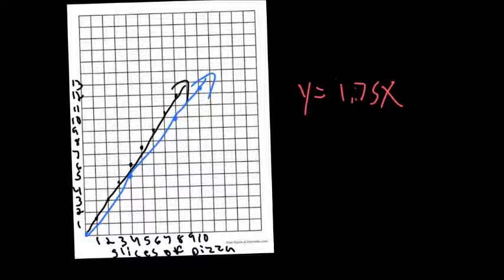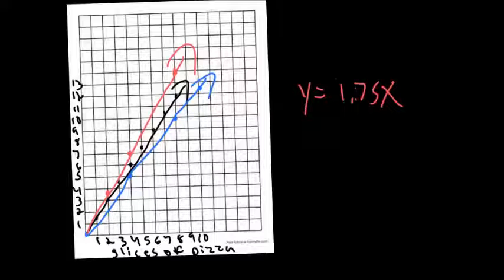So 2 would be $3.50. So $3.50 is not bad. So 2 for $3.50. So that means 4 for $7. And then that'd be 8 for $14. So that's enough points we can draw a line in.